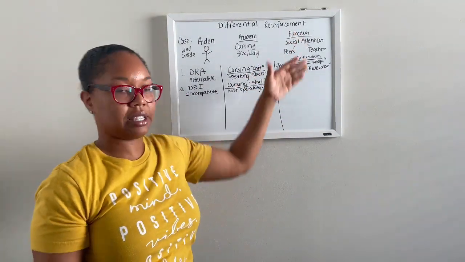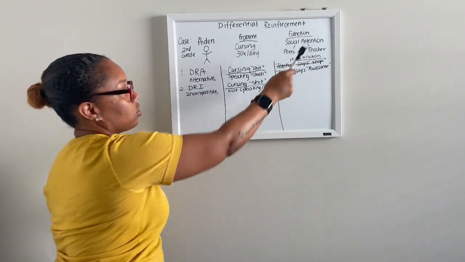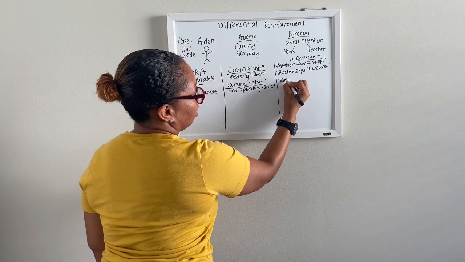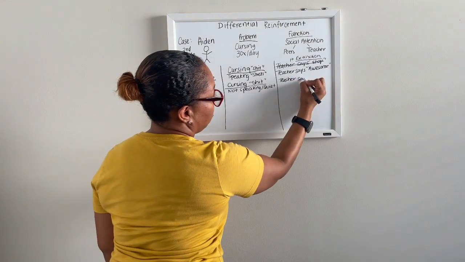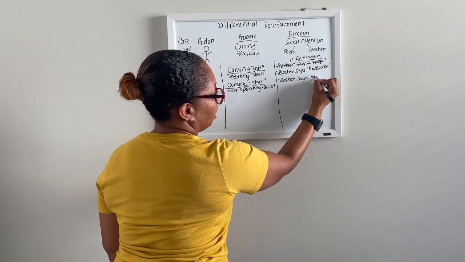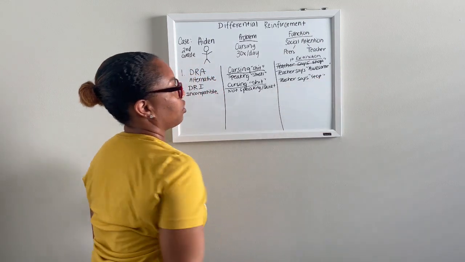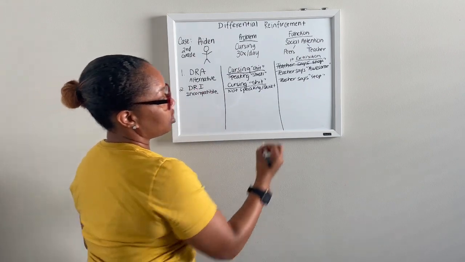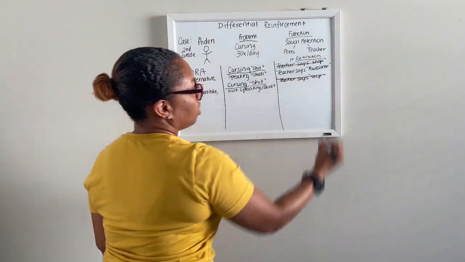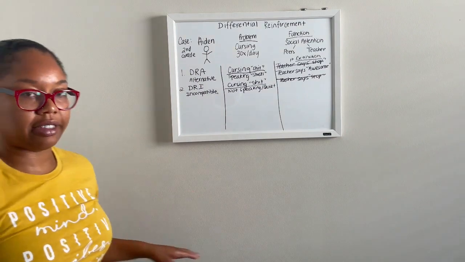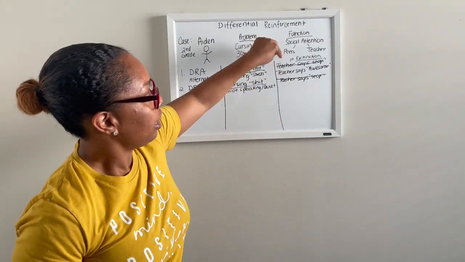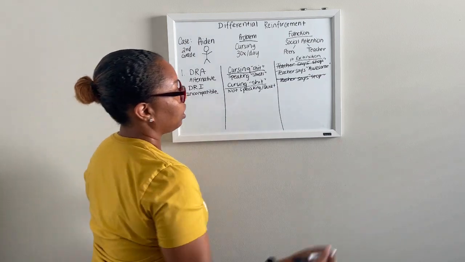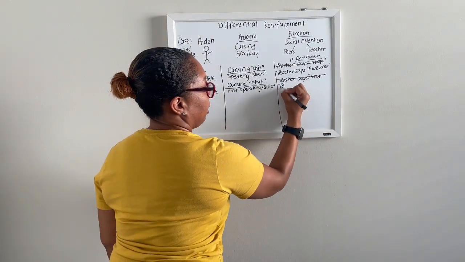So how does this help with the function? Going back to attention, usually what happens? Teacher says stop. He gets attention and he continues to do that behavior. It's reinforced. But now with the DRI, the teacher is no longer going to say stop. She's not going to say anything. That behavior is going to be put on extinction. And for this behavior, not speaking, being quiet, this is what happens.